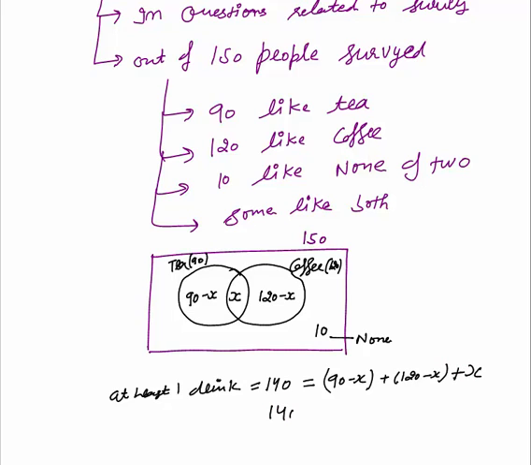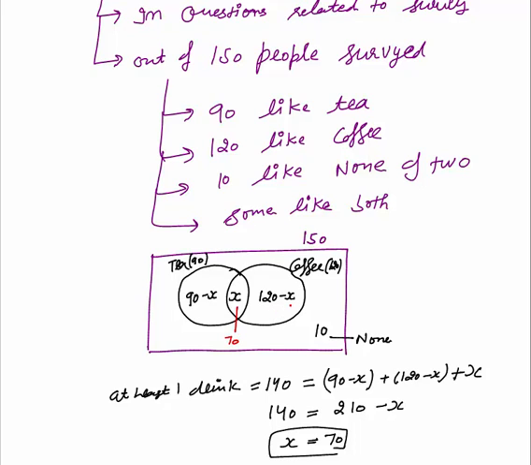So this 140 will become how much? 90 plus 120, this is 210, minus x minus 2x plus x, this is minus x. So you will get x equals 70. So 70 is the value of x. Now if you put the value of x as 70, what we will get? It means that 70 persons like both the drinks.